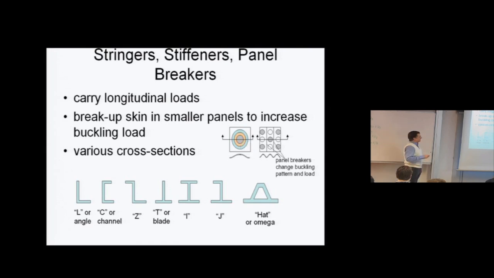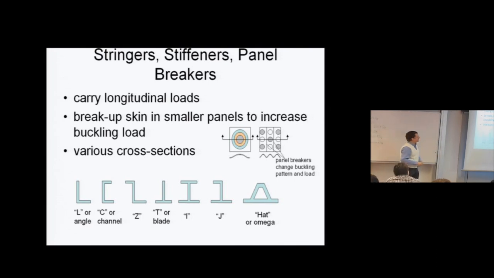if I have a skin without any stiffeners, or if the stiffeners are extremely small, so they don't add much stiffness, then under, let's say, compression, if I look at a section cut here, I will get the skin to buckle in a large, typically single half wave along the length and along the width.